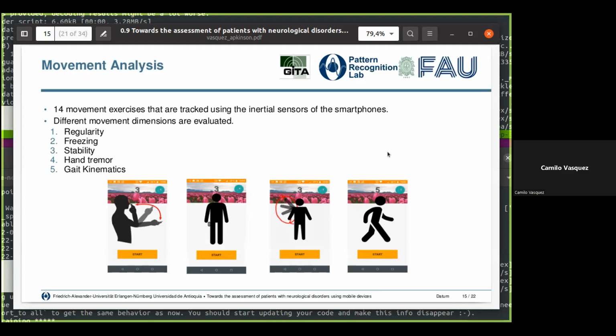We evaluate as well the stability of the movement when the patient just stands with their phone in their hands, or the presence of resting tremor. We have hand tremor evaluated, and gait kinematics, like the average length of the steps and the velocity of the steps when they walk, among other analyses that are present within the app.